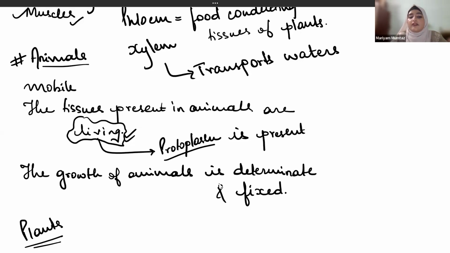It is the fluid thingy which is there in the cell, and it makes the cell a living cell. Why? Because protoplasm is there. So a cell which has protoplasm will be called a living cell. A cell which does not have protoplasm will be called a dead cell or dead tissue.